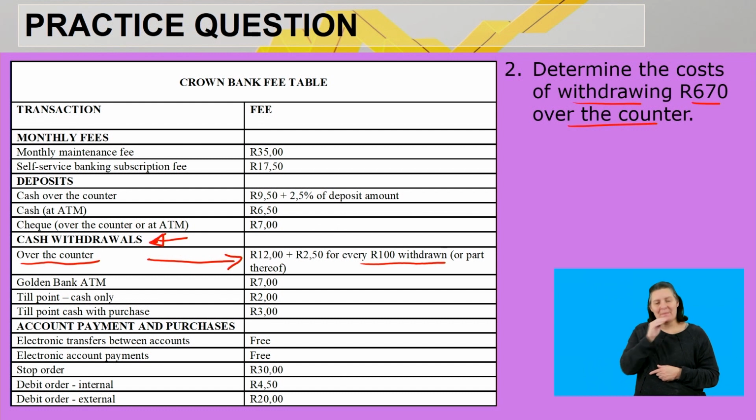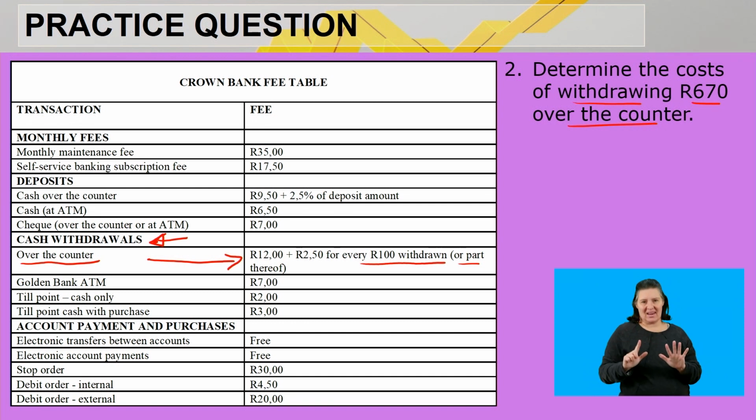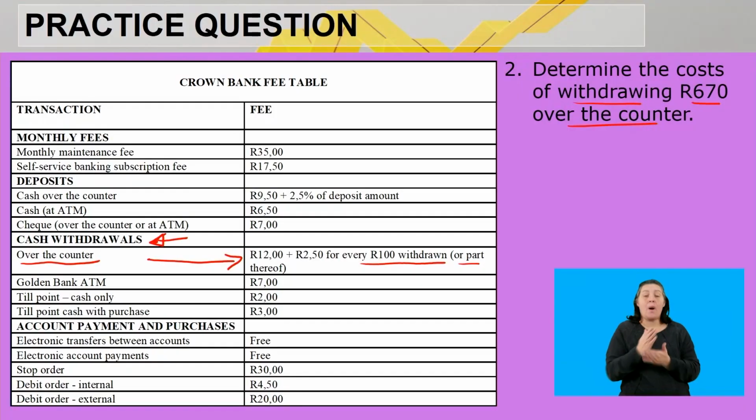That is what is meant by or part thereof, so in this case it becomes 7. I'll repeat that: for every 100 Rand withdrawn or part thereof, the 600 is already six 100 Rands, and the 70 Rand becomes the seventh 100 Rand.